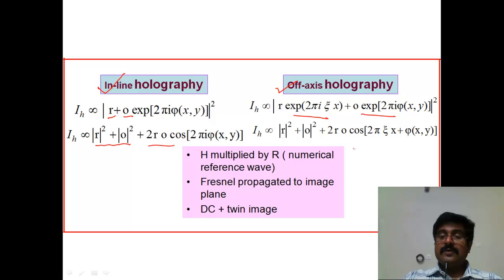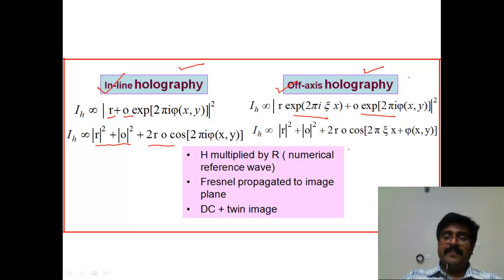So that can be filtered off easily. But one problem is, in digital inline holography, one can completely utilize the bandwidth of the recording device. But due to the angle limitation, because we are incorporating an angle between the object wave and reference wave, the spatial bandwidth of the CCD cannot be utilized to that extent.